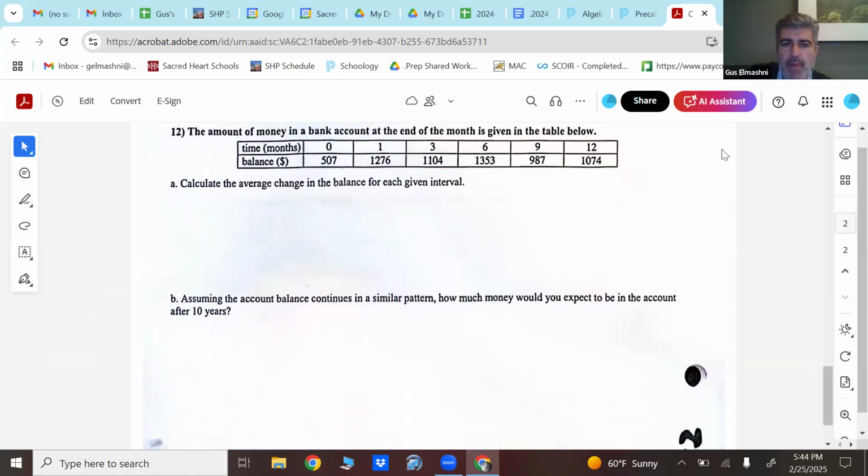Okay, average rate of change in the bounds for each given. Look at how the average change in the bounds. Oh, that's not hard. So what you do is you could add another row. Actually, let's treat it like this. I'll make a table like this here.